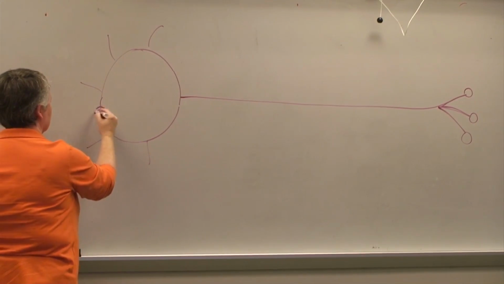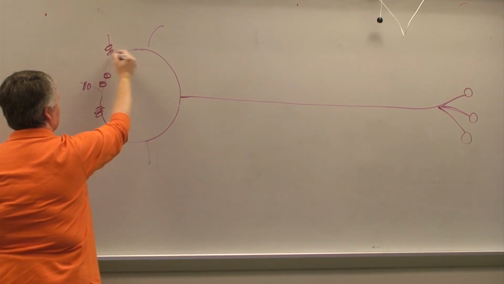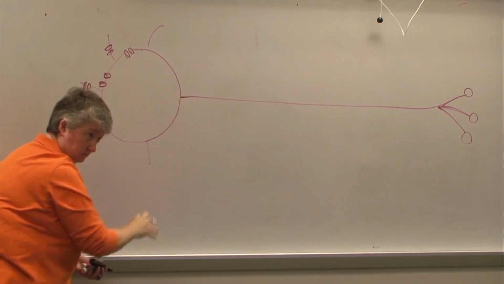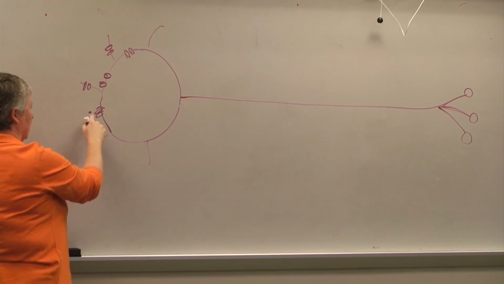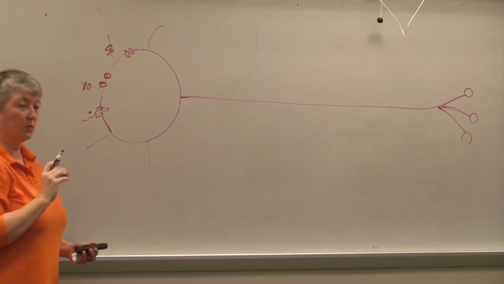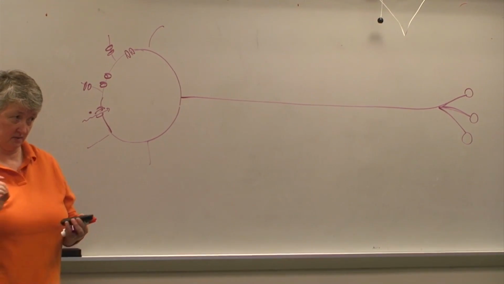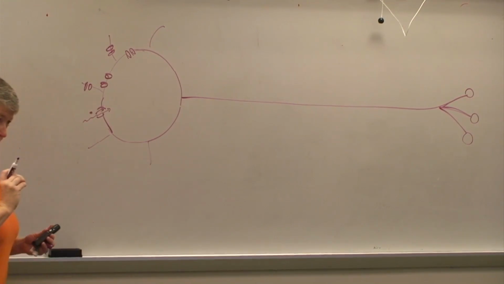Remember that I'm going to have sodium channels all over this. I'm going to have them on the dendrites, all over the place, right? If I have one chemical and one channel opens, I'm going to get a little bit of sodium in. In other words, if I have a small stimulus, it's going to cause a little bit of depolarization.